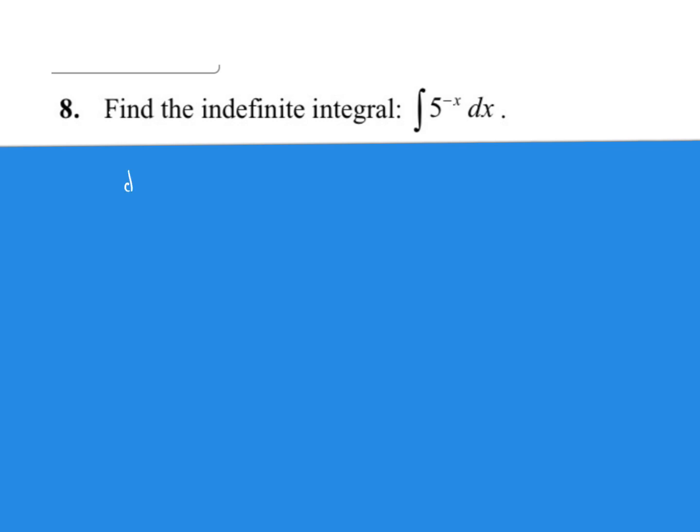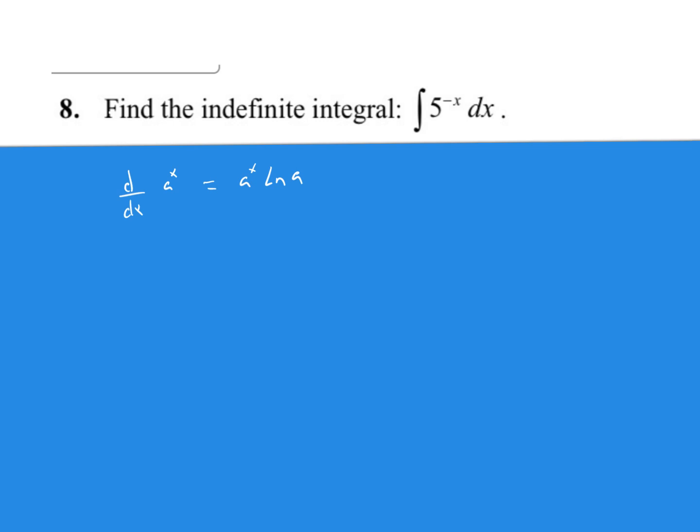The derivative with respect to x of a to the x is equal to a to the x multiplied by the natural log of a. Perfect. But here it does not appear x, it appears minus x.